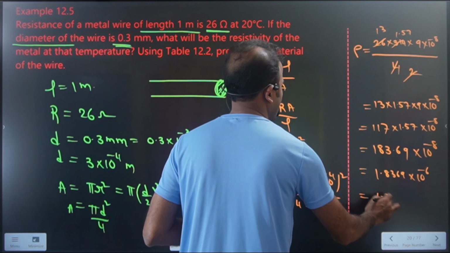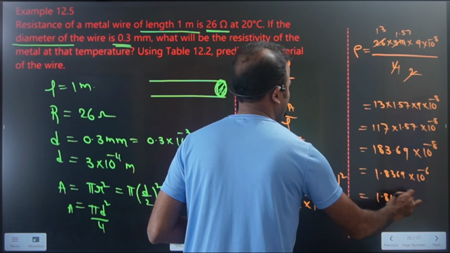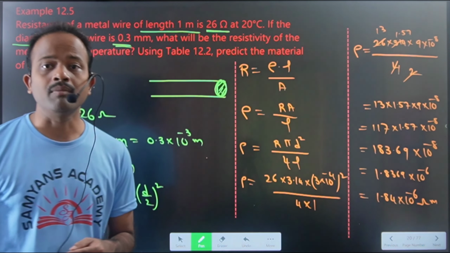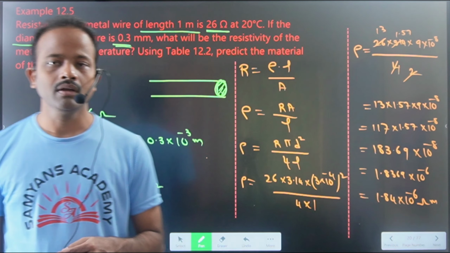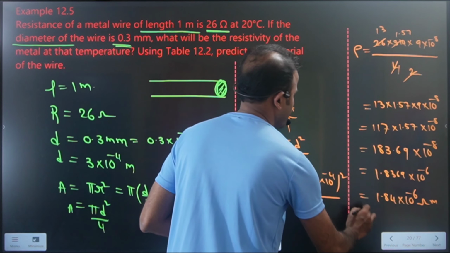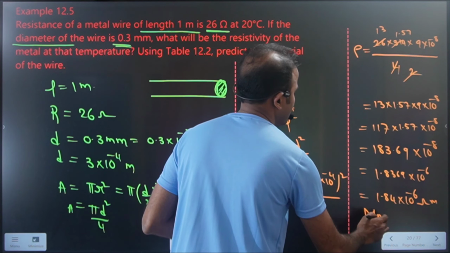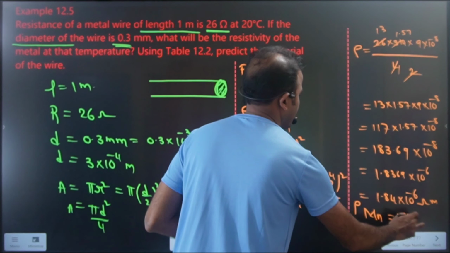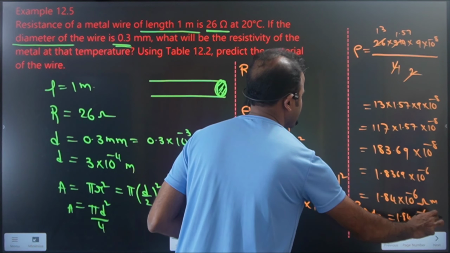This we can write as 1.84 into 10 to the power of minus 6 ohm meter. And this value is matching with the manganese material, right? This is the resistivity of manganese. So the resistivity of manganese is 1.84 into 10 to the power of minus 6 ohm meter.